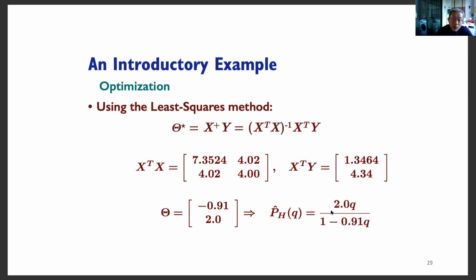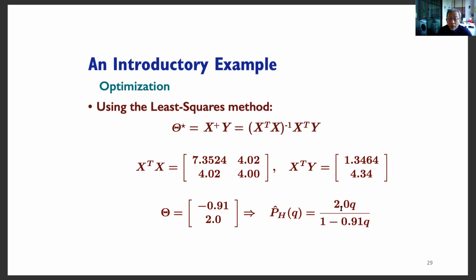So we use a least square formula, theta is x transpose x inverse, x transpose y, using a calculator. So we find x transpose x matrices, x transpose y, then theta, which is equivalent to 2, 1, minus 0.91.